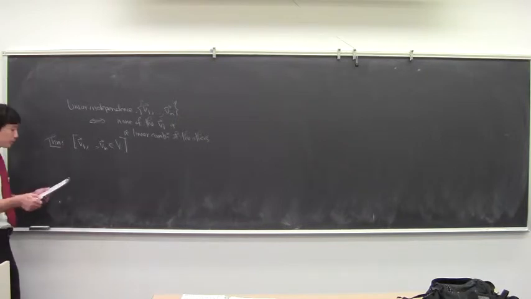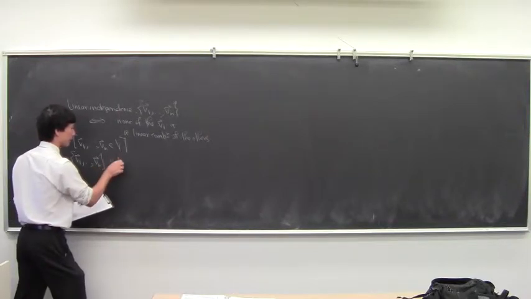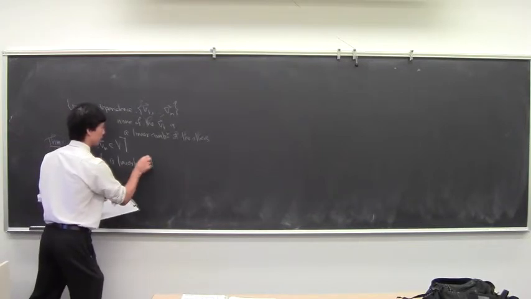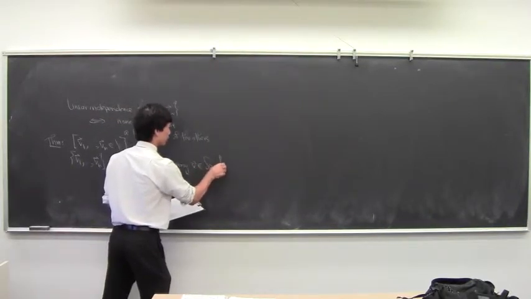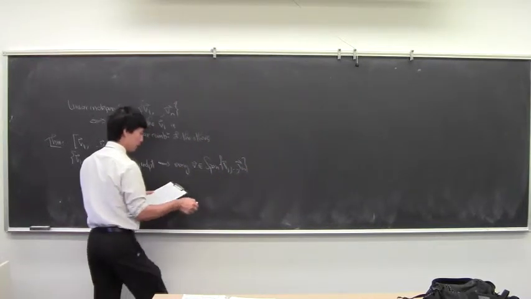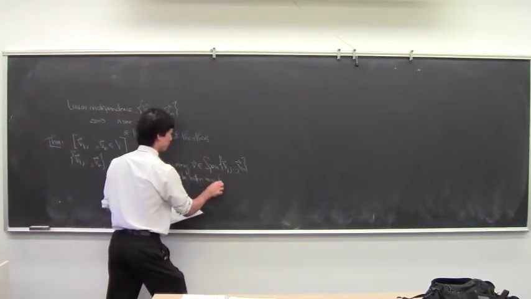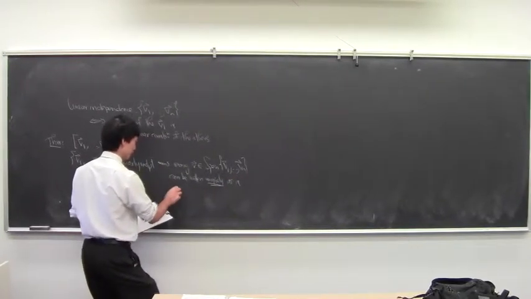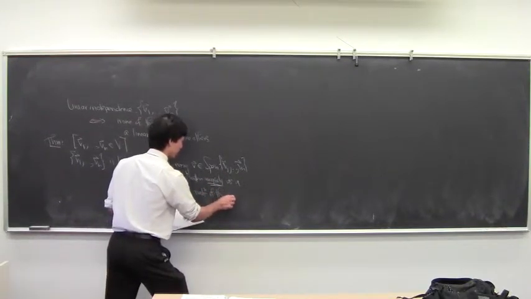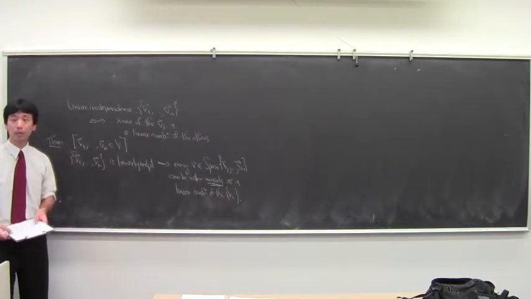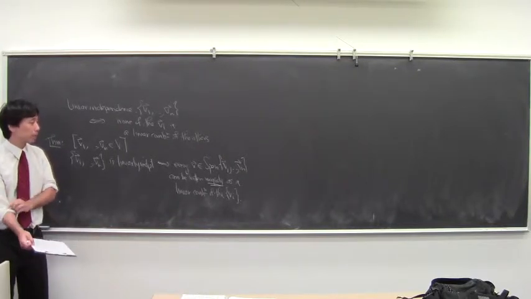If you have a bunch of vectors in a vector space, they are linearly independent if and only if everybody in the span can be written uniquely as a linear combination of the vi.